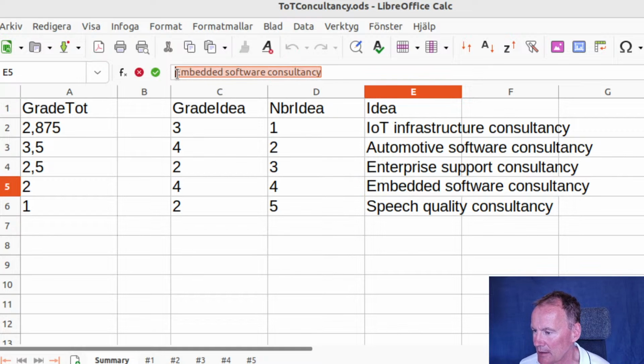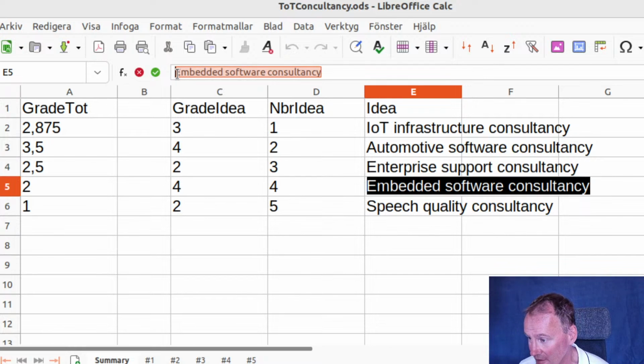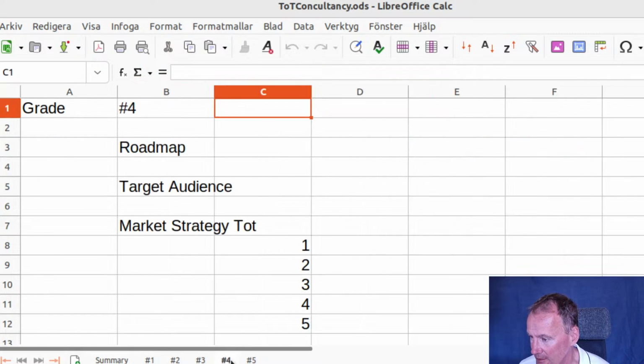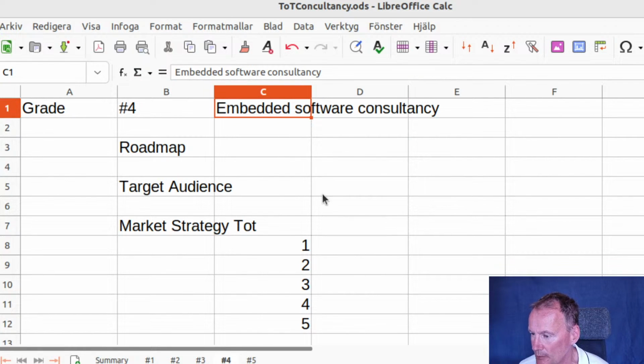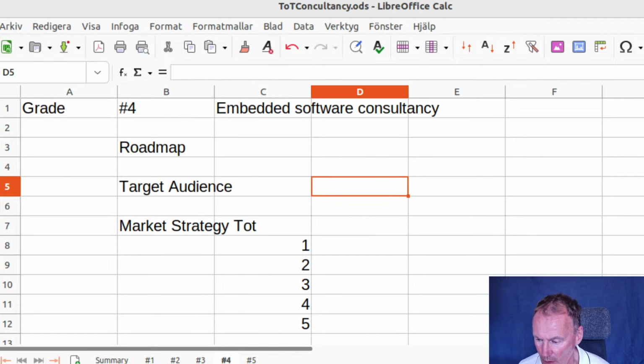Let's look at embedded software consultancy here. That is number 4. And then we go.